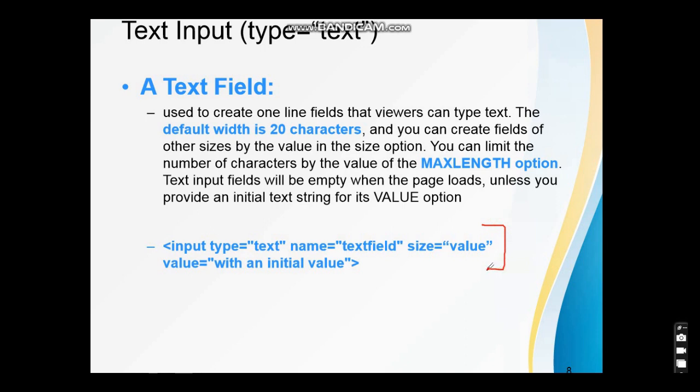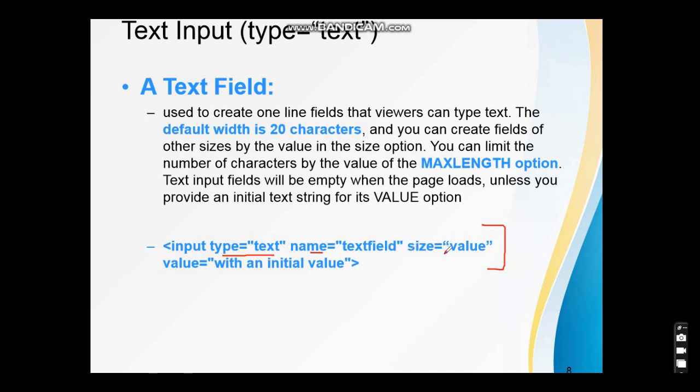So when we try to insert one line of text, we make use of this text field. That means input type is equal to text, which allows a user to create a one-line field. And here the name of this text field is an attribute of the element input, where we are giving the name to this text field.